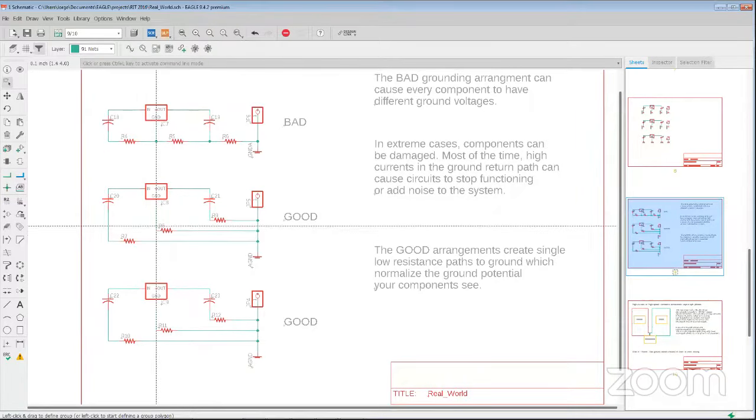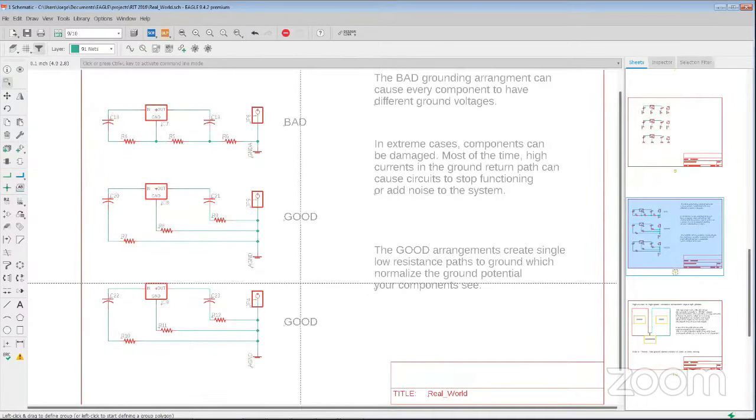The star arrangement is better because you don't have a summation of resistances. Even if these are slightly different, because they're all small, you can see that the voltages here, here, and here are all about the same. And that allows the circuit to work better. That avoids any differences in your ground levels. A plane kind of affords the same idea.